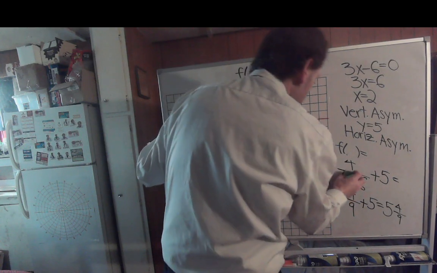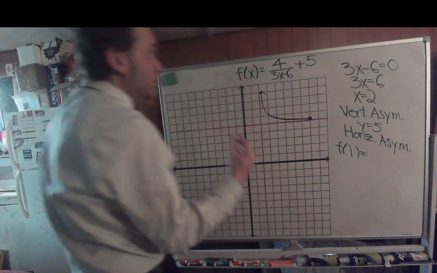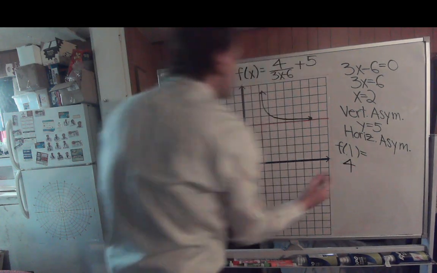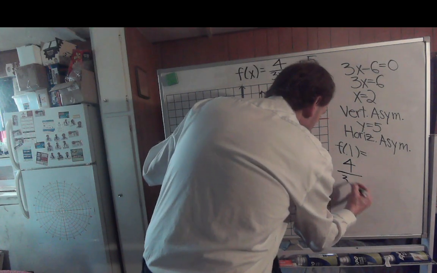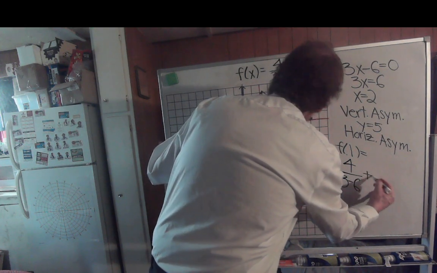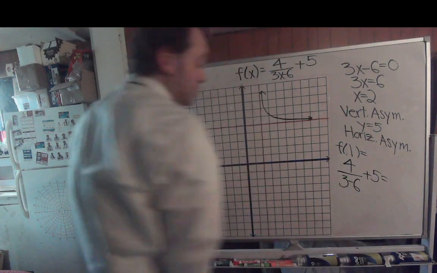All right, now what do we got to do? We need to go to the left of x equals 2, so let's pick x equals 1. So f of 1, that of course equals 4 all over 3 minus 6 plus 5. What does that equal?